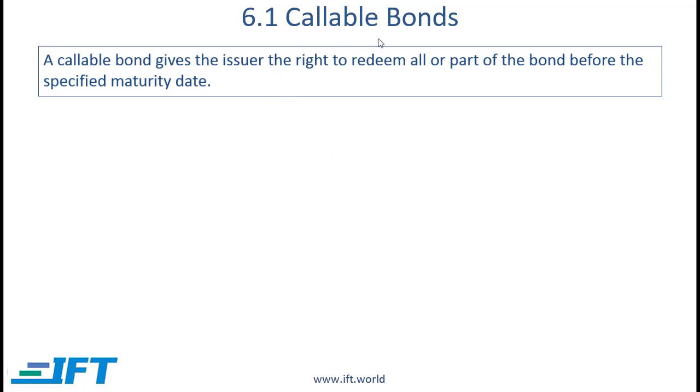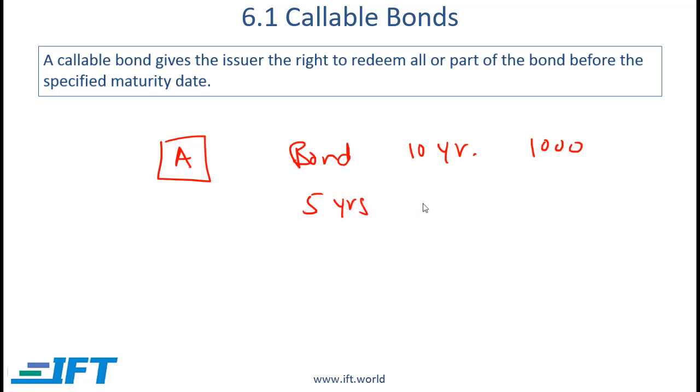To understand this concept, let's take a look at a simple example. Let's say we have a given issuer, company A. Company A issues a bond which is a 10-year bond with a par value of 1000. And the company in the bond indenture says that the company can call the bond back after 5 years for 102% of par.